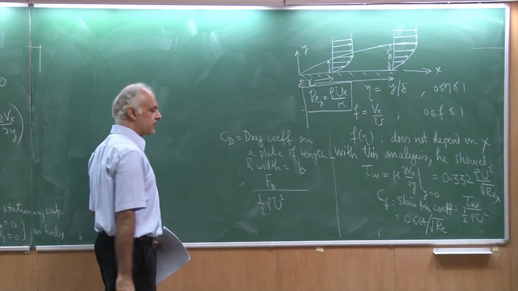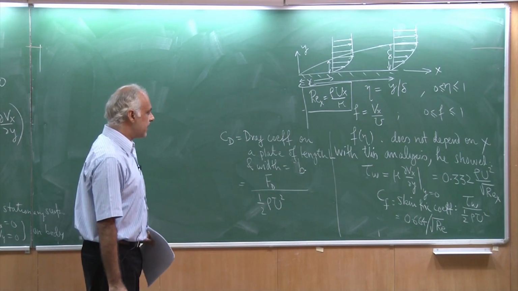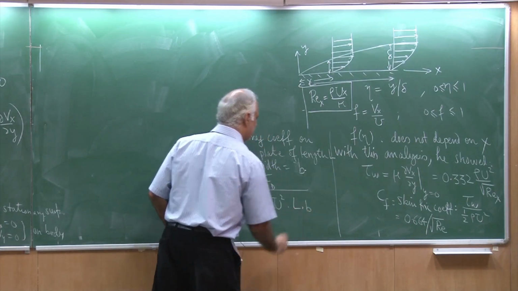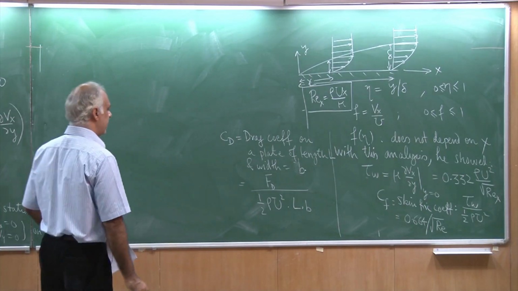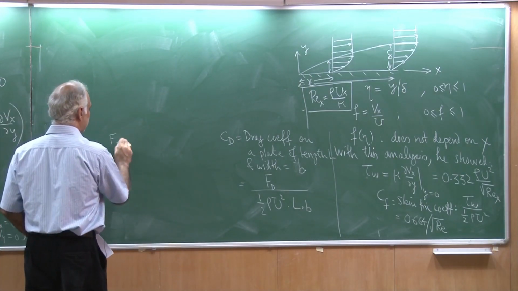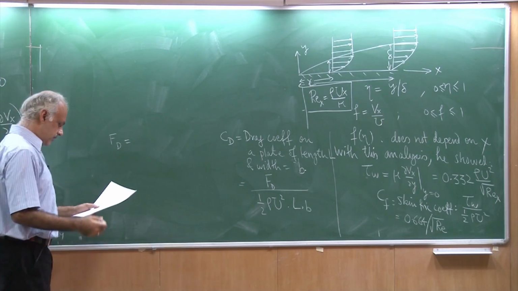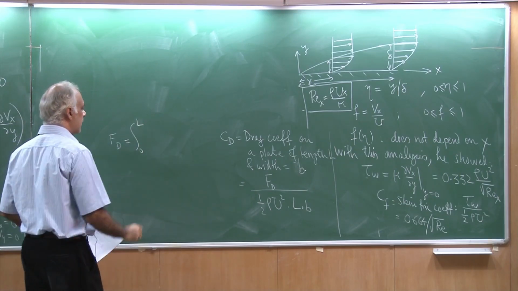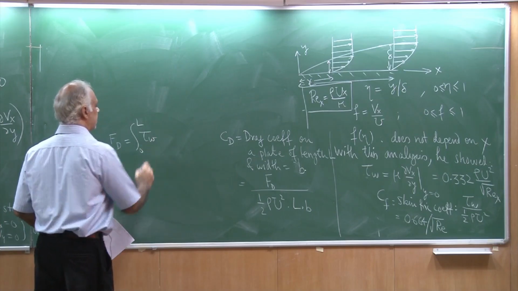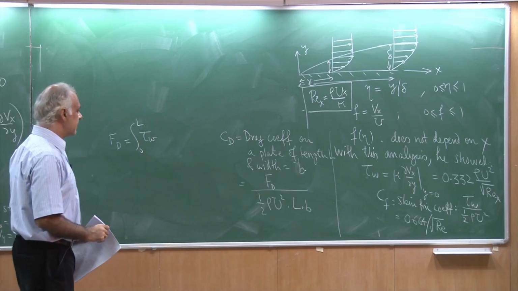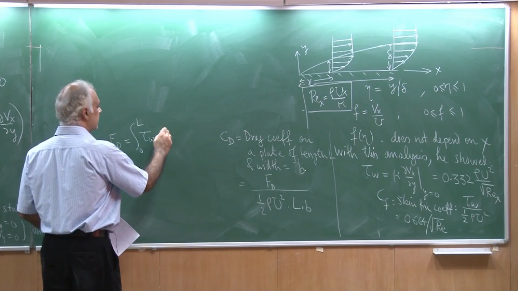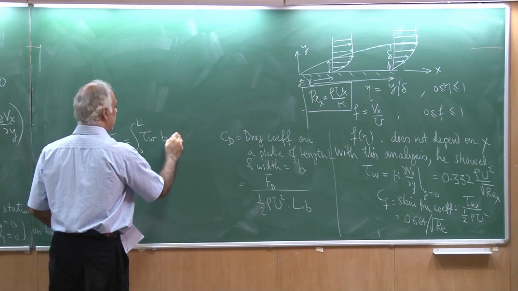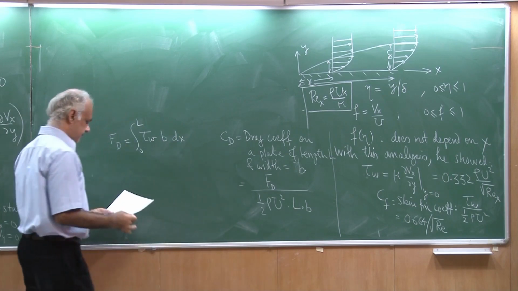So that's the dynamic pressure, non-dimensionalized with an area, and the area I would take as L times B. And FD, the drag force, would simply be the integral from 0 to L of the shear stress on the plate times the area, which is B because it's the depth of the plate, times dx.